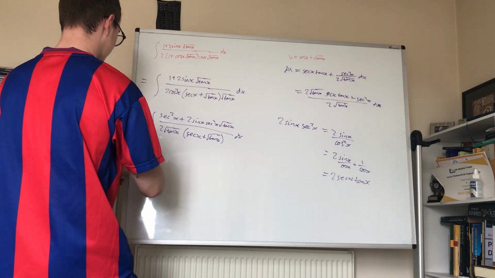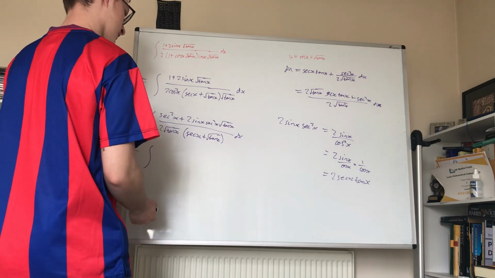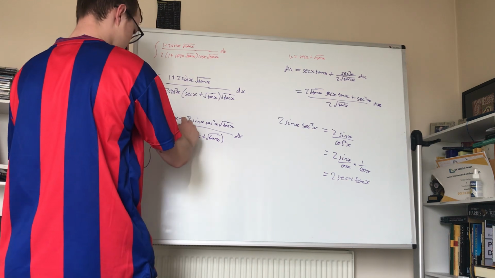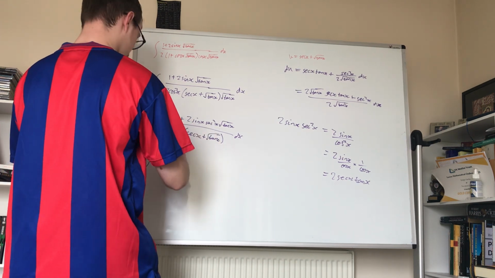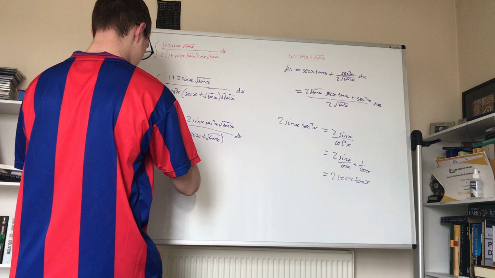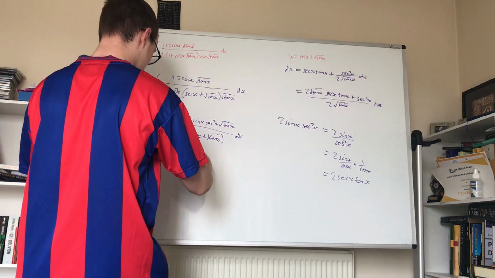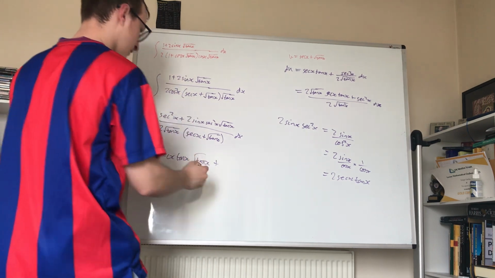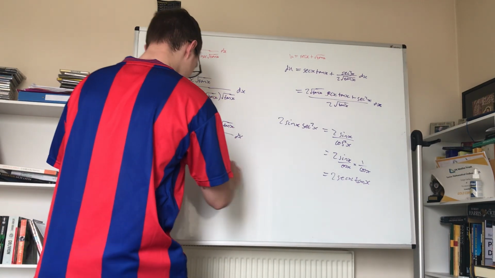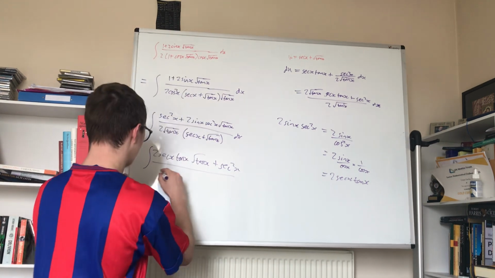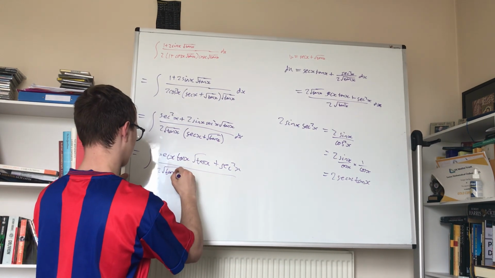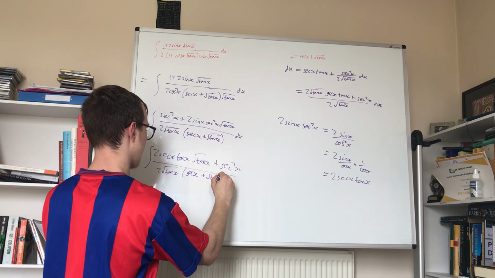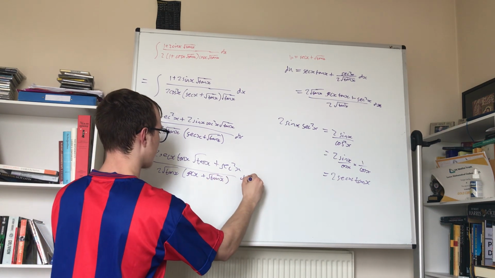So this is equal to the integral of, we'll write it in that form, 2 sec x tan x times root tan x plus sec squared x, all over 2 root tan x times sec x plus root tan x, dx.